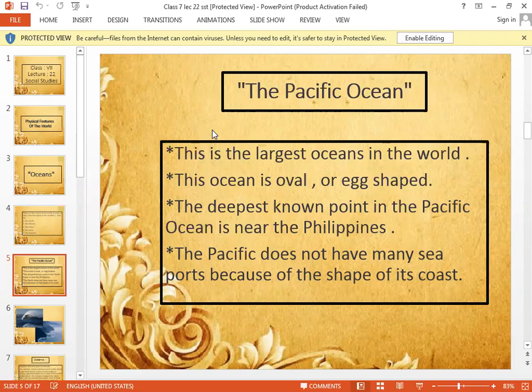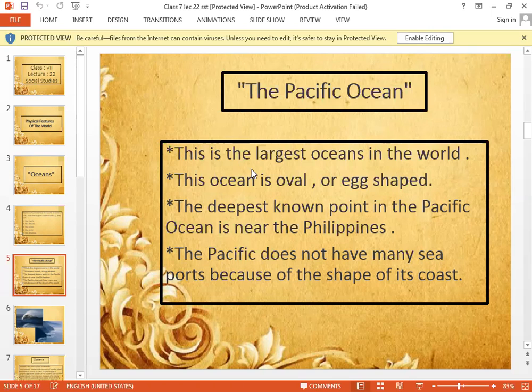And secondly, this ocean contributes to the world's economy and particularly to those nations where its waters directly touch, and it provides low cost sea transportation, and it is also a connection between the east and west through the sea.